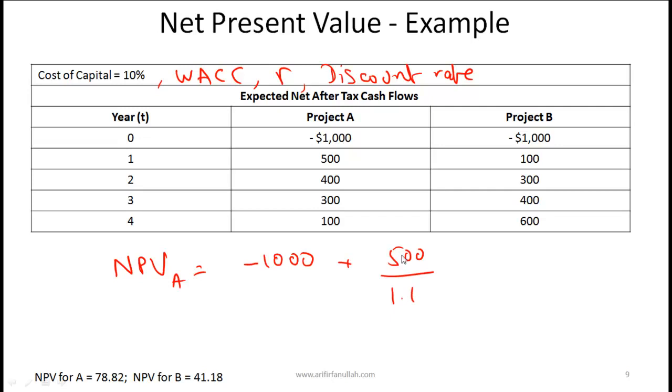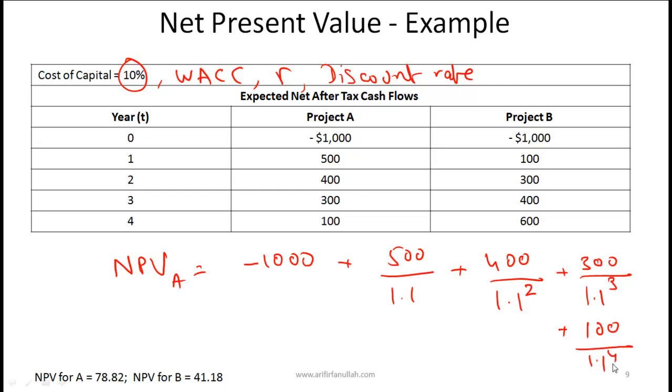So 500 is discounted back 1 period, plus 400, which is discounted back 2 periods. Here 1.1 is because the interest rate is 10%, so 1 plus 10% is 1.1, and discounted back 2 periods, so 1.1 squared, plus 300 over 1.1 cubed plus 100 over 1.1 to the power of 4.